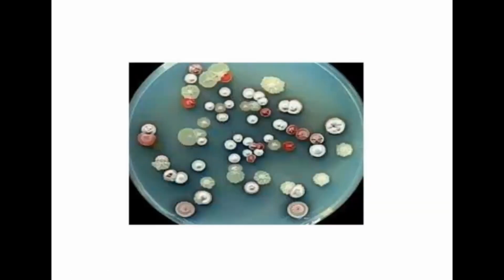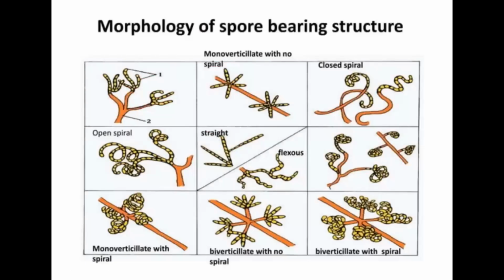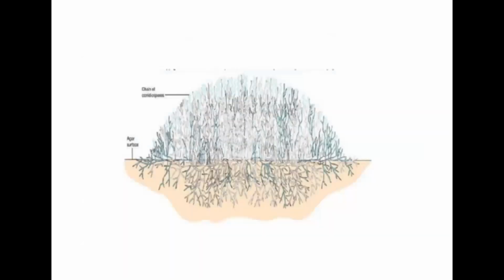This is actinomycetes on a plate. The colony will be dry in nature compared to normal bacteria. These are all different types of spores. See, this is the formation. Normal bacteria will be just present on the surface of the agar. Here we are growing actinomycetes in the lab, in the media.